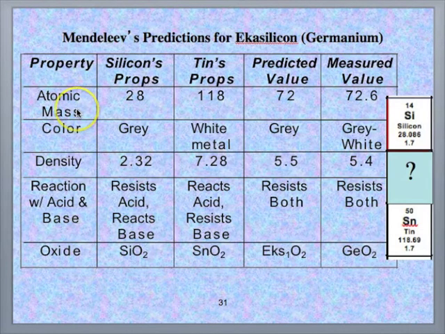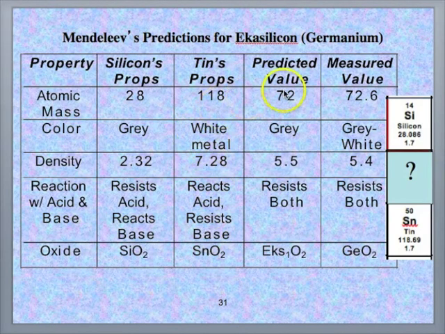We know now that you can get better organization using atomic number, but it was good enough to do what he did. He knew about silicon, silicon's properties, the mass of 28, a gray color, density of 2.32. It resists acid, resists base. Its oxide has a formula SiO2. And he knew the properties of tin, atomic mass 118, it's a white metal, density of 7.28, etc.